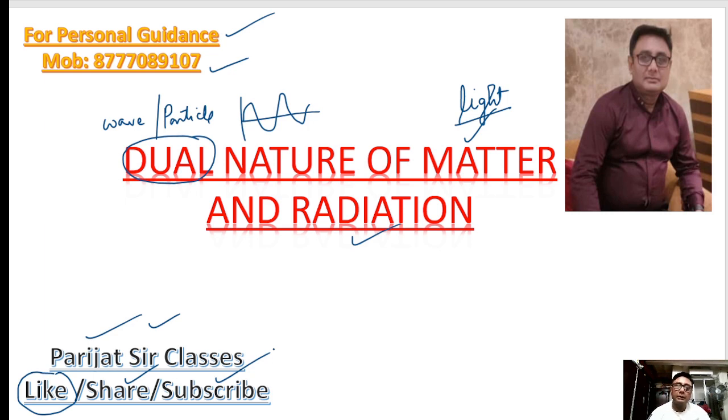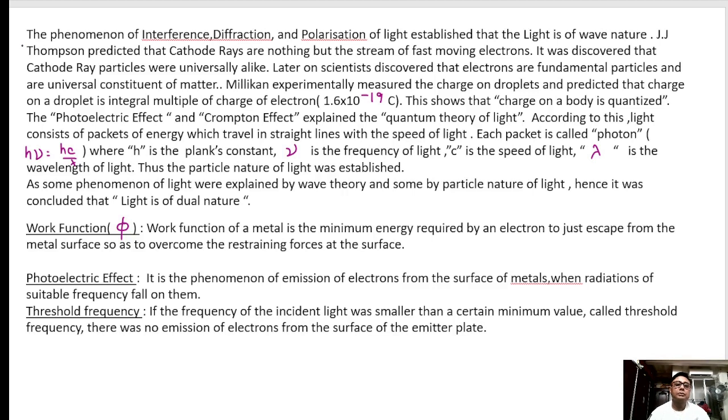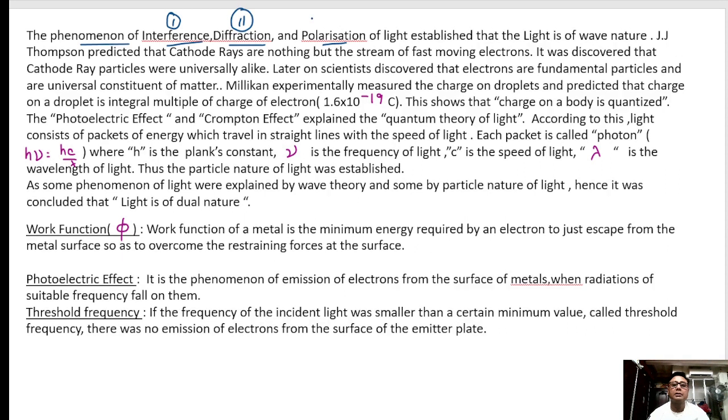So without wasting any time, let's move ahead to the topic of dual nature of light. The phenomena of interference, diffraction and polarization are the three phenomena that establish that light is of wave nature.